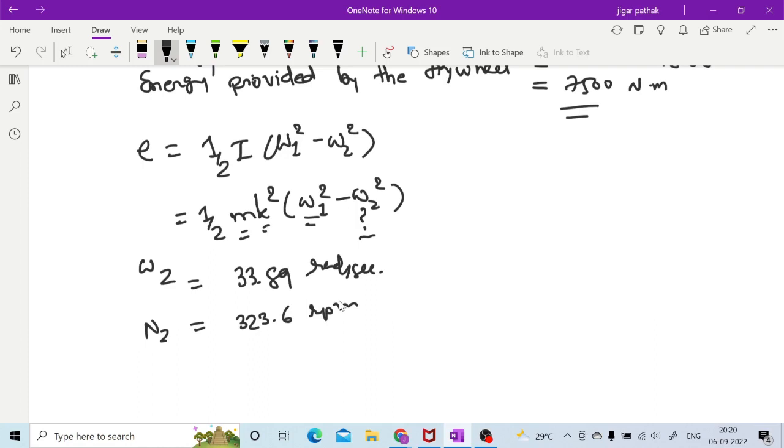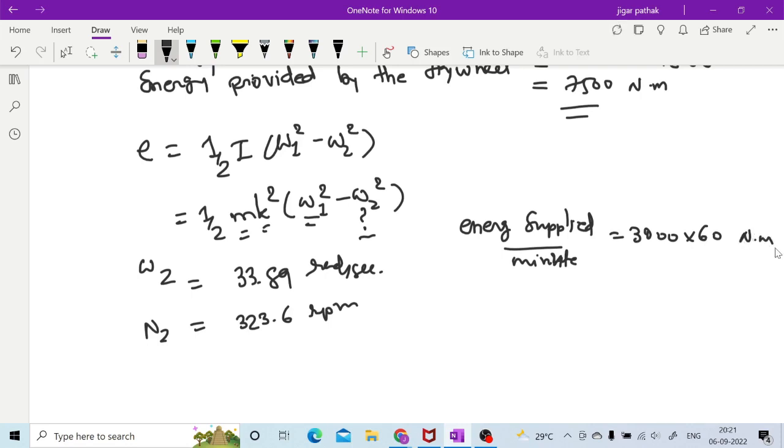Now whatever energy is supplied per minute can be calculated. Energy supplied per minute is whatever is supplied per second multiplied by 60. So that is your energy supplied per minute.